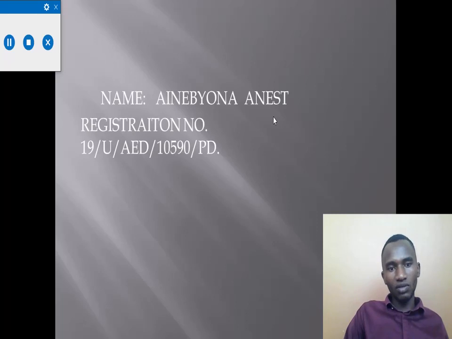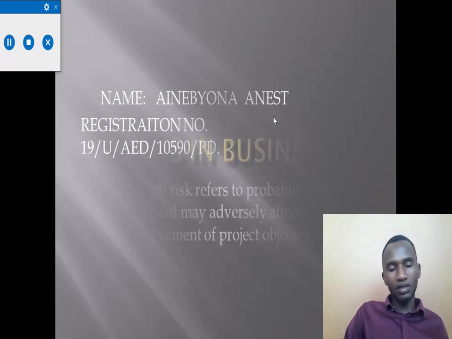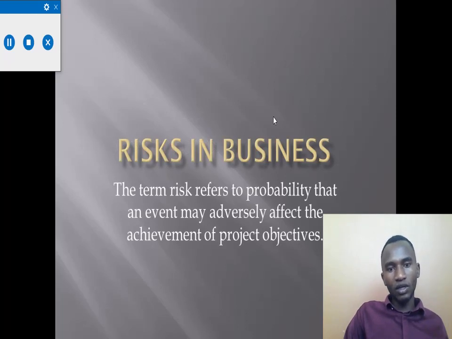So let's go to the slide that is showing the risks in businesses. When we talk about risks in business, the term risk refers to the probability that an event may adversely affect the achievement of the project objectives. Then I continued to research more about risks as I was trying to advance the definition.